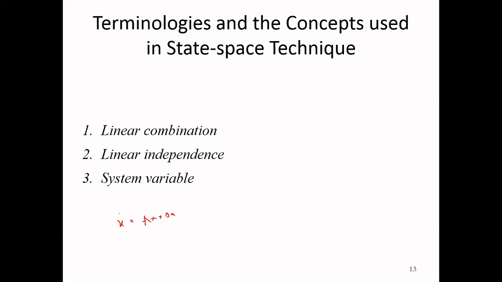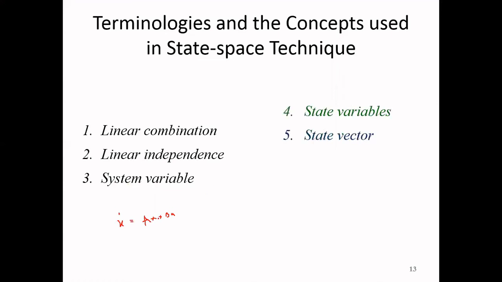So here we have a linear combination of this A matrix with this state variable vector, state vector x. So the state vector must be linearly independent, and system variables are all the variables of the system.